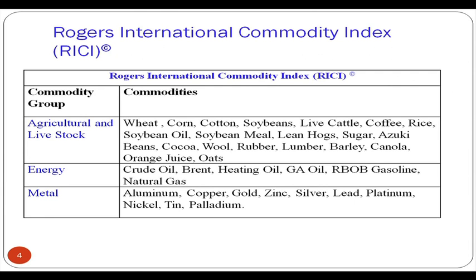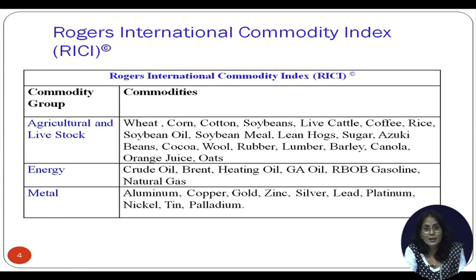Now let's go to another commodity index, the Rogers International Commodity Index. This index has been created by an individual. Unlike the S&P Goldman Sachs commodity index, which is maintained by S&P and Goldman Sachs jointly, the Rogers International Commodity Index is maintained by an individual called Jim Rogers, a very interesting personality with a tremendous amount of experience in commodity trading.